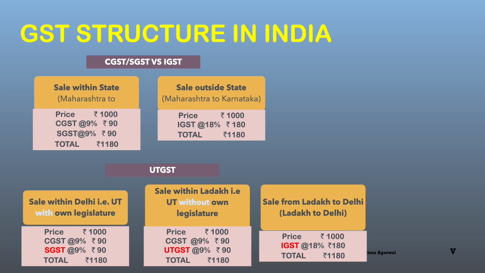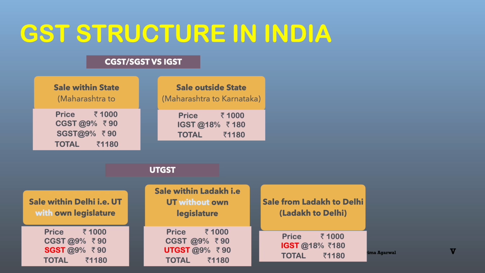Now versus when there is a sale outside the state, that means from Maharashtra to Karnataka, then if the price is 1,000 rupees, then only IGST will be applicable at the rate of 18%. So the total is 180 rupees, and then the grand total will be 1,000 rupees plus 180.